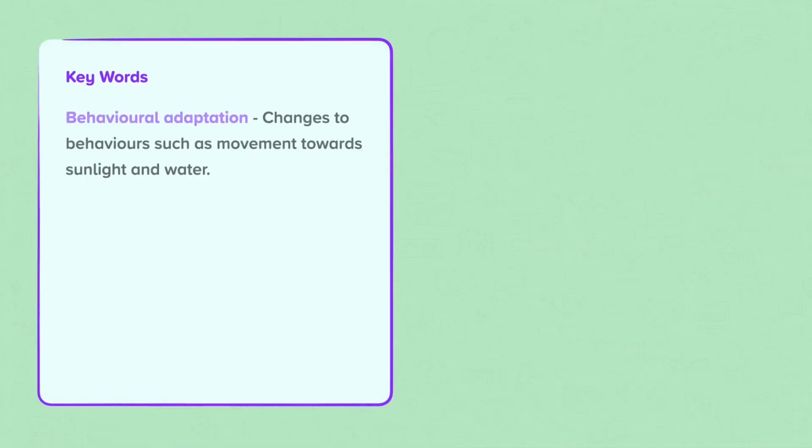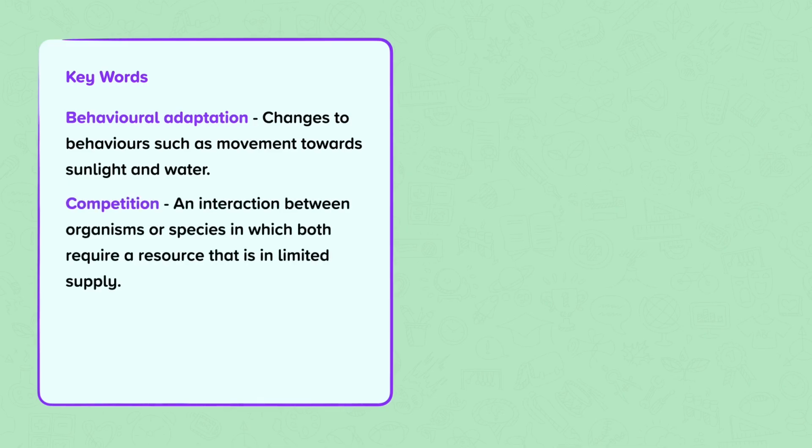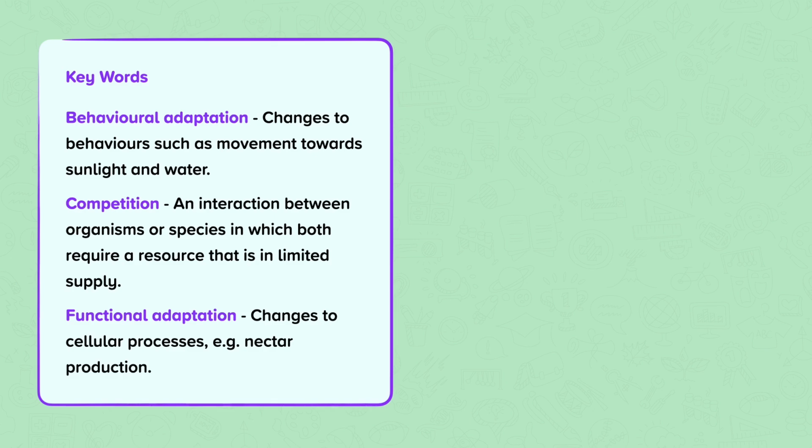Keywords: Behavioural adaptation, changes to behaviours such as movement towards sunlight and water. Competition, an interaction between organisms or species in which both require a resource that is in limited supply. Functional adaptation, changes to cellular processes, for example, nectar production.